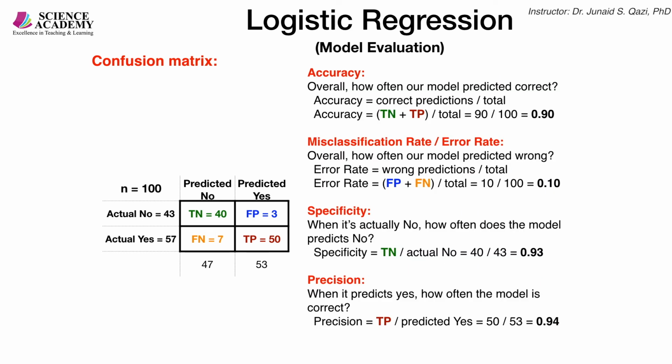Confusion matrix also leads us to define some other important terms in the model evaluation, such as accuracy, misclassification rate, specificity, and precision.